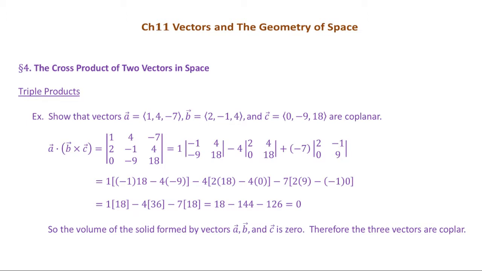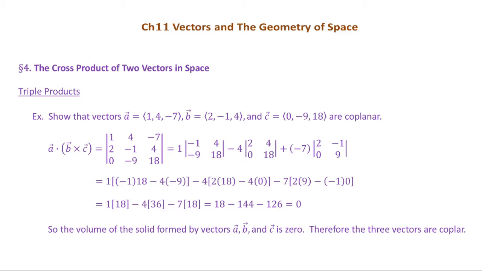Then we got 18 in the first term, minus 144, since 4 times 36 is 144, and then plus 126, because of the negative sign, 7 times negative 18. With the typo corrected, it becomes plus in the third term. Then you get 18 minus 144 plus 126, and that will be 0.